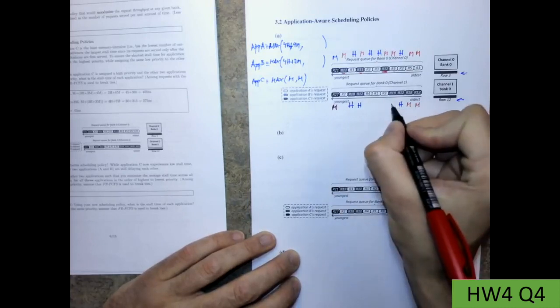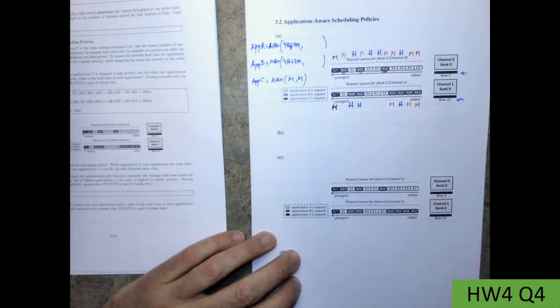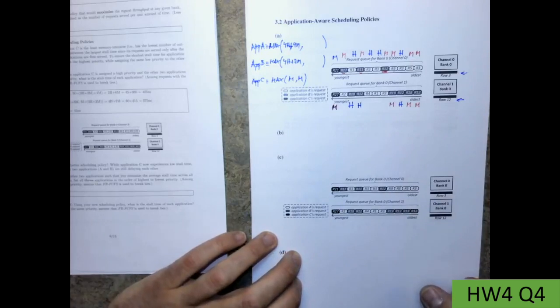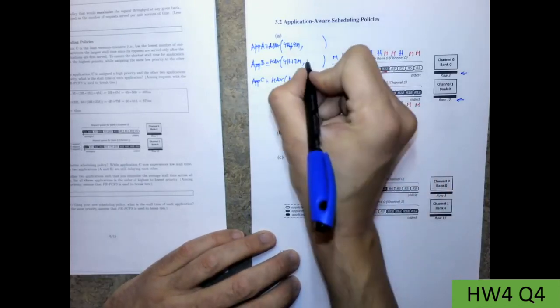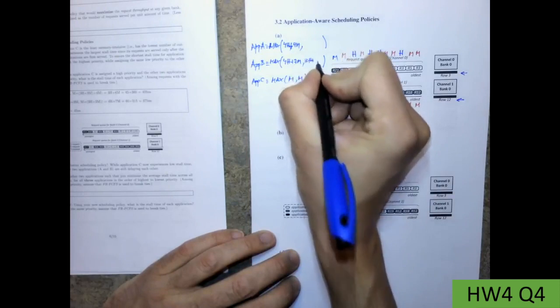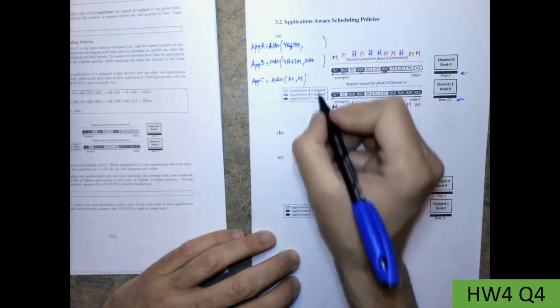And finally, a miss for R19. So in order to serve all the requests from application B, we have to wait 3 hits plus 4 misses.